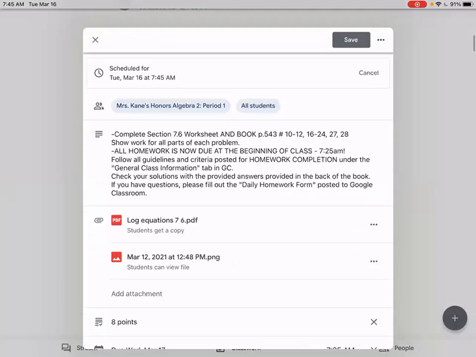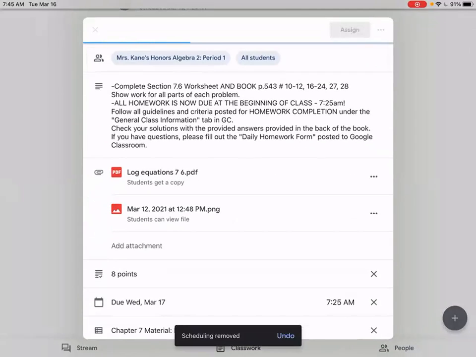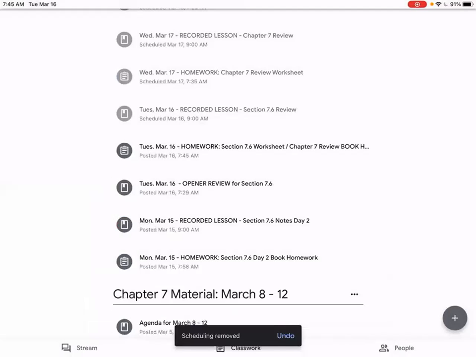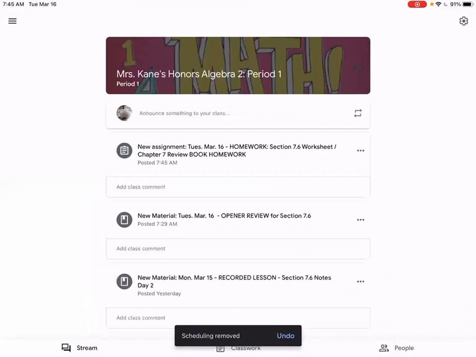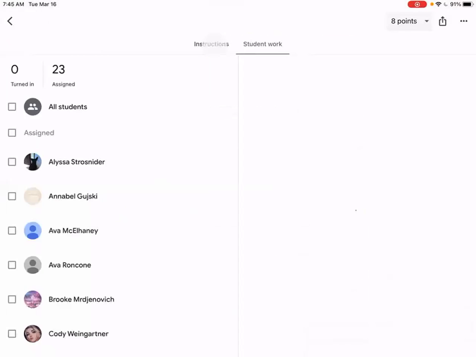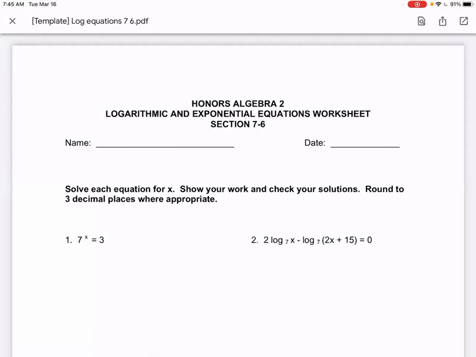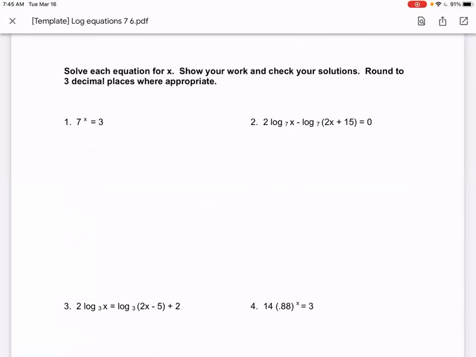The homework is like a 2-part assignment. Part 1 is the worksheet that is posting. There we go. So part 1 is a worksheet. And that worksheet is on equations. So exponential and logarithmic equations.